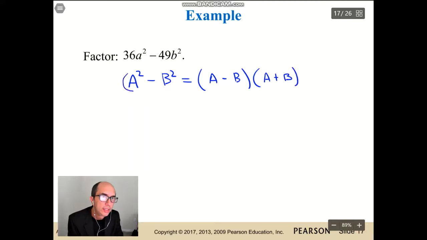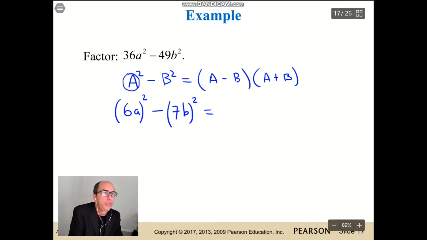Now this A here is going to be, 36 is 6 squared, right? 6a. And the next one, 49b squared. We know that 49 is 7 squared, so I can rewrite as (7b) squared.